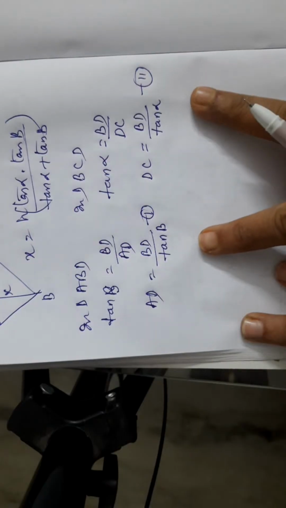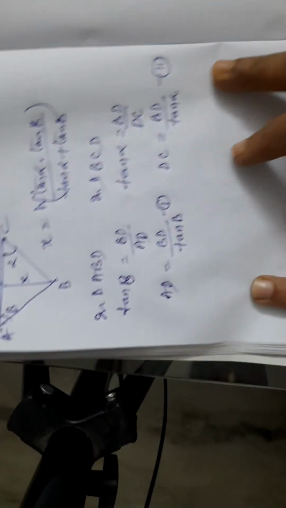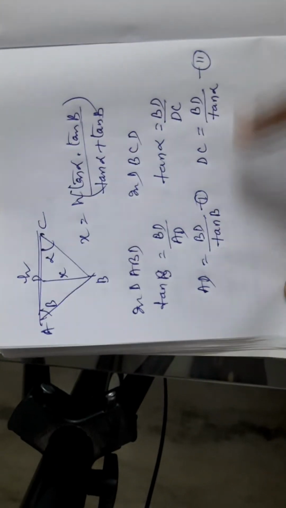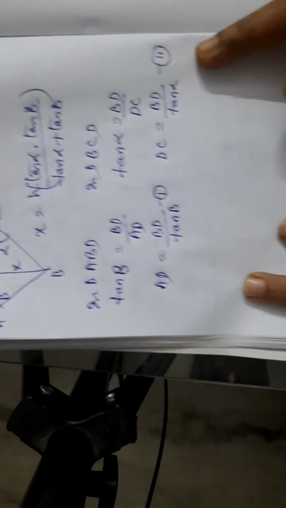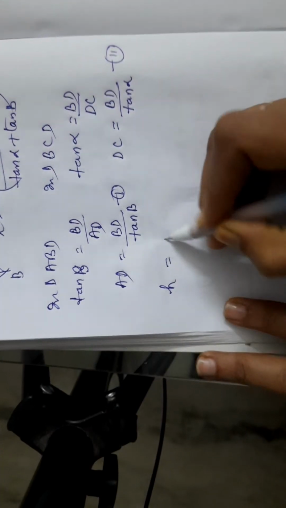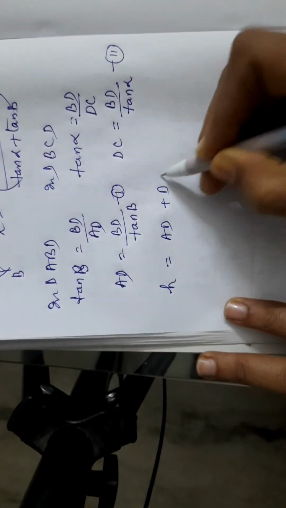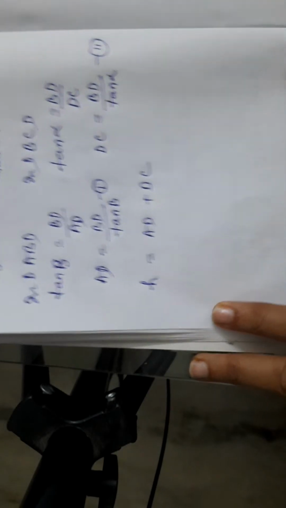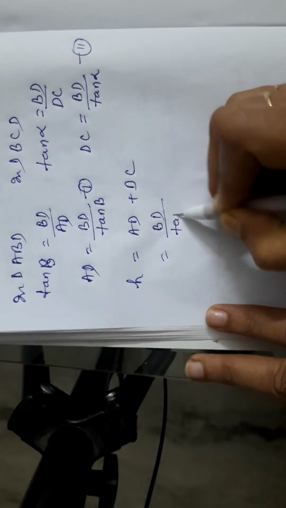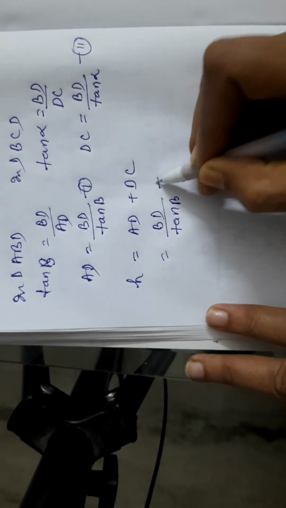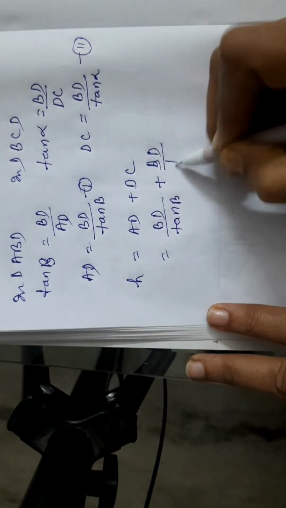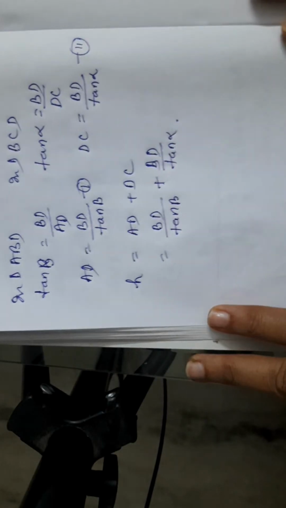Now we got two equations. We need to find the height of the bridge, so we'll add both the equations. If we add both, we'll get the height of the bridge. So H is equal to AD plus CD. Now replace their values: AD was BD upon tan beta plus DC was BD upon tan alpha.